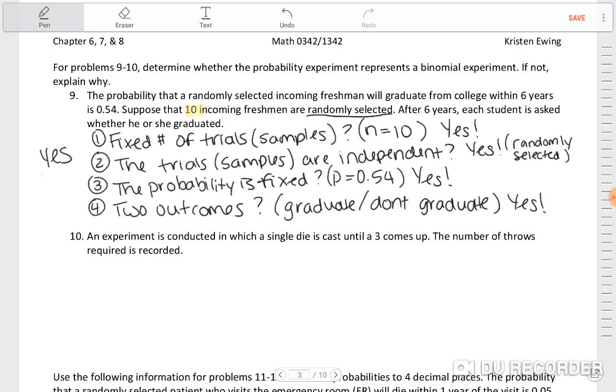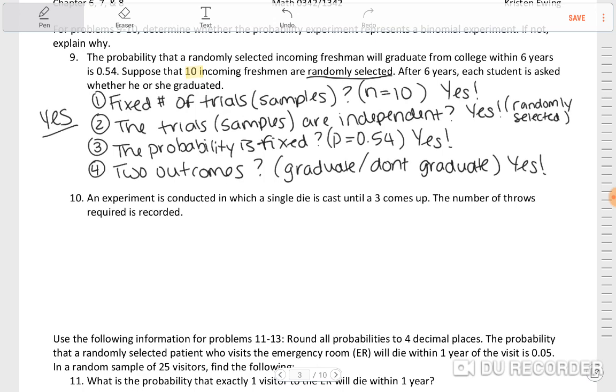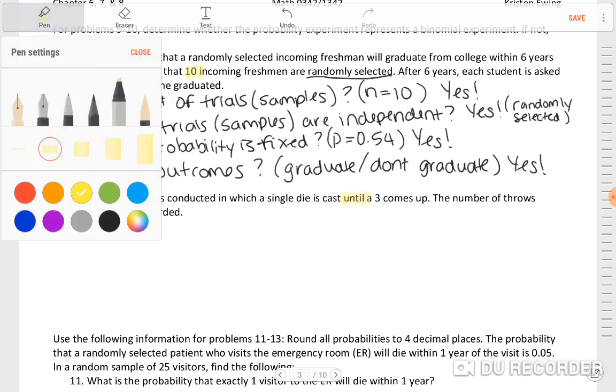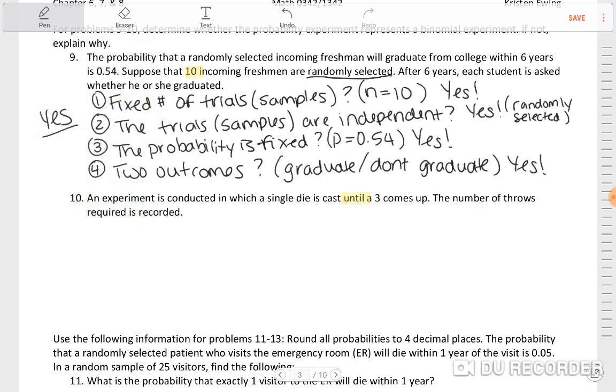say yes. Okay. An experiment is conducted in which a single die is cast until, okay, you see that word until? This one right here, until. That means that the number of trials that are going to be happening here is not going to be fixed because you're rolling the die until you see a 3.